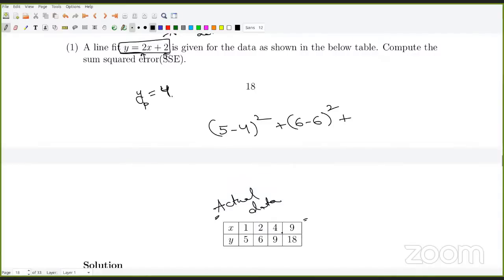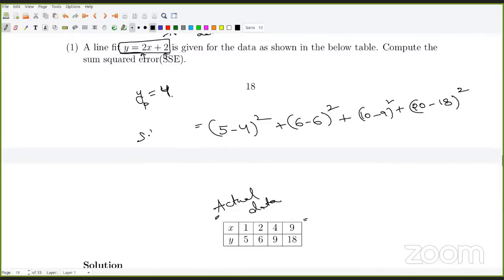When x is 4, actually it is 9. When I substitute x is equal to 4 here, 4 times 2 is 8, 8 plus 2 is 10. Actually it should be 9, but predicted it is 10, so 10 minus 9 whole square. And finally, when x is 9, it is 20, predicted is 18, so 20 minus 18 whole square.